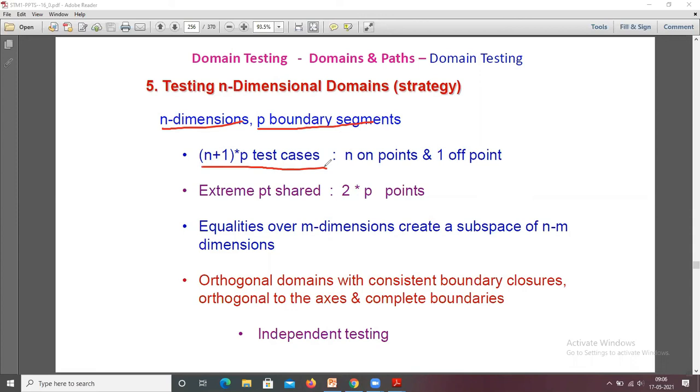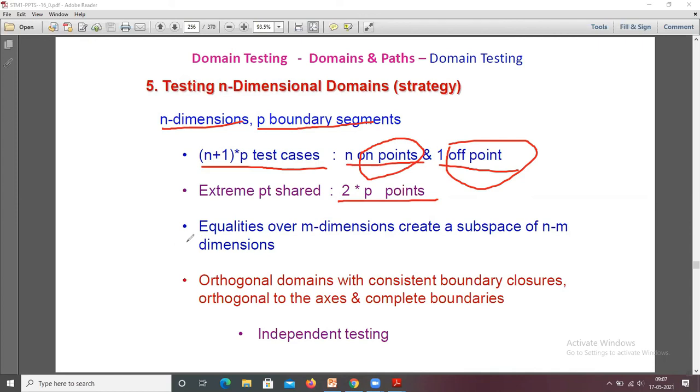That is n on points and 1 off point. I hope you all know it is on point and off point. And with extreme point sharing, it is 2 into p points. So with extreme points, you do the domain testing with 2 into p points.